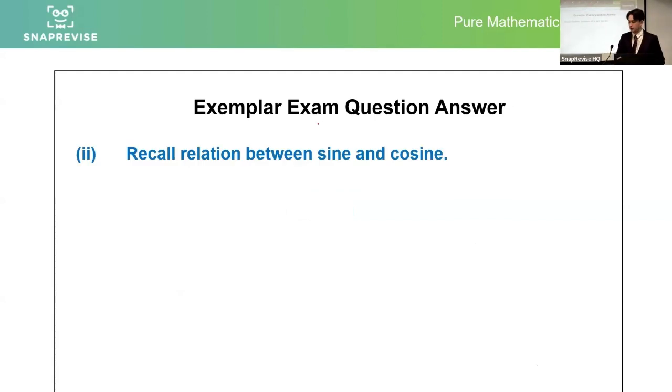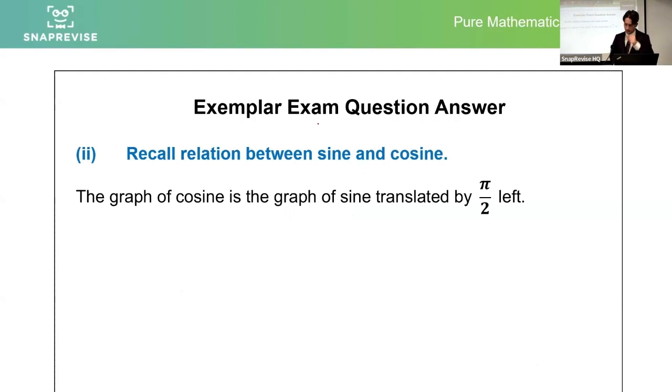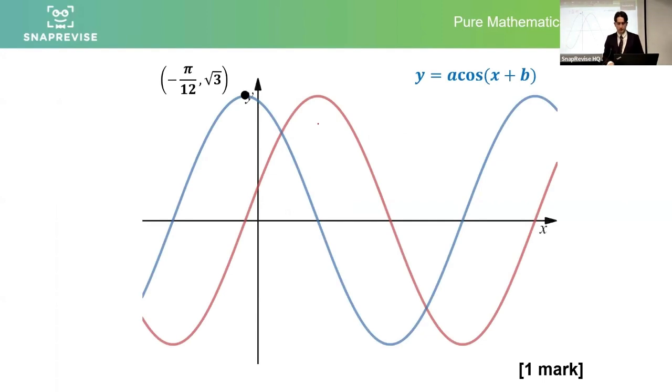And for the second part of the question, we were asked to then use those same letters, those same actual values to transform the cosine graph. So it's basically your answer will be the cosine graph translated pi over 2 to the left. So this is what we'll have. Sorry, pi over 2 to the left.